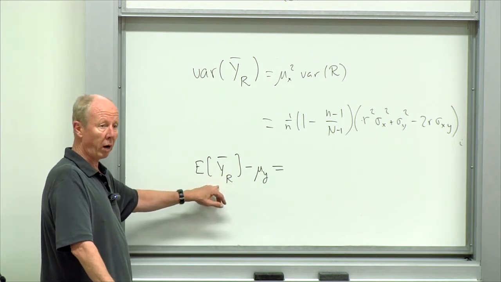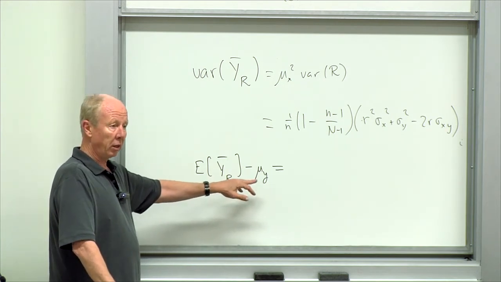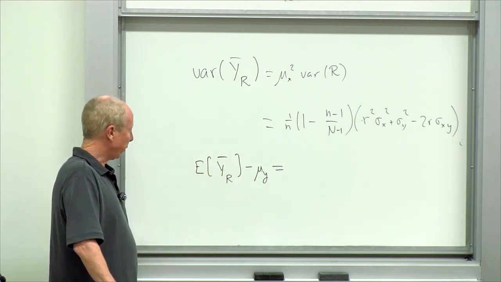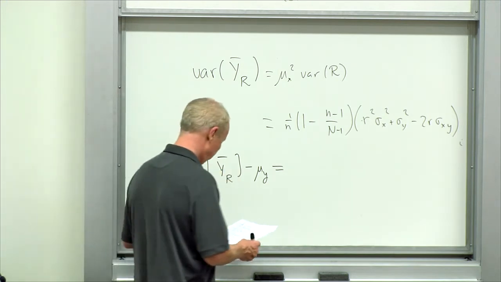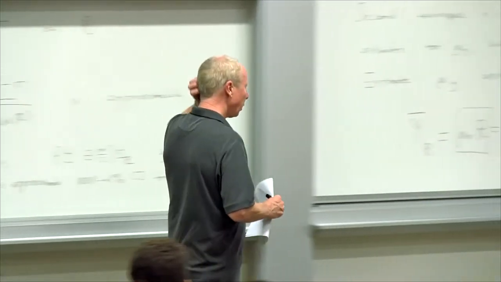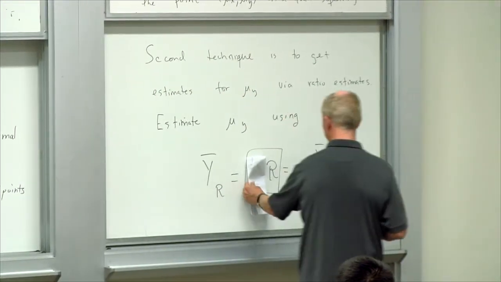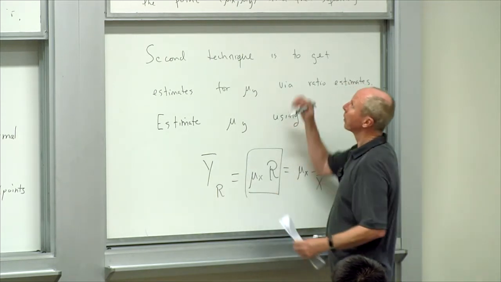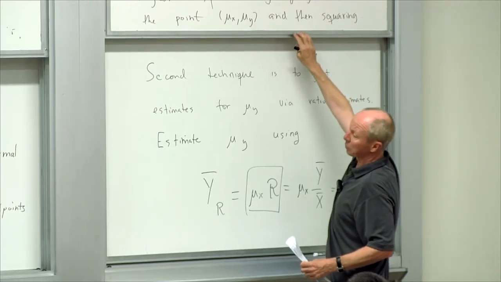So we're going to use y bar R to estimate mu y. This is on how far on average it'll be away from mu y. And well, we have an estimate for the expected value of R. It's up there.